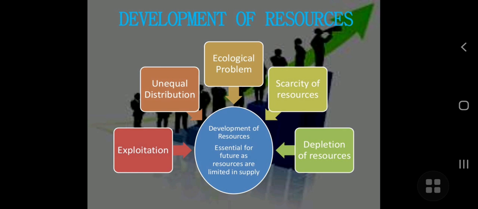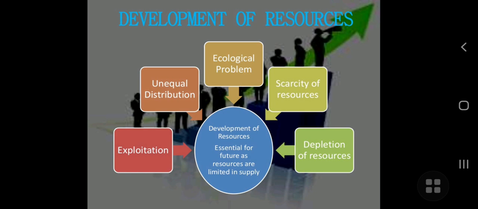First one being the depletion of resources. Overutilization has led to depletion of resources for meeting the greed of few individuals. For example, overutilization of fossil fuels has led to a situation where most of the countries of the world are facing the problem of pollution and energy crisis.